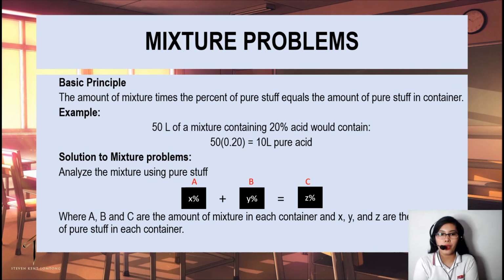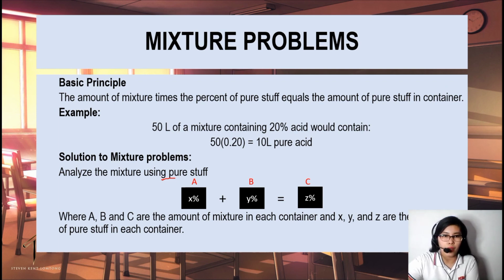Solution to mixture problem. So let us first analyze the mixture using pure stuff. So we have here A, B, and C. They are the amounts of mixture in each container, and X, Y, and Z are the pure stuff in each container.